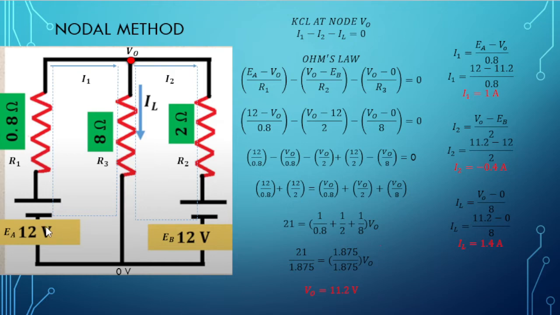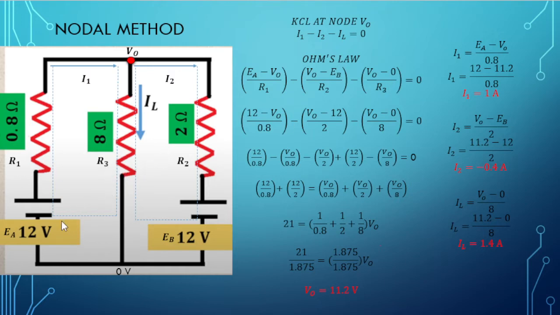So EA minus VO, divided by R1. Next, minus VO minus EB, divided by R2, and minus VO minus 0, divided by R3.